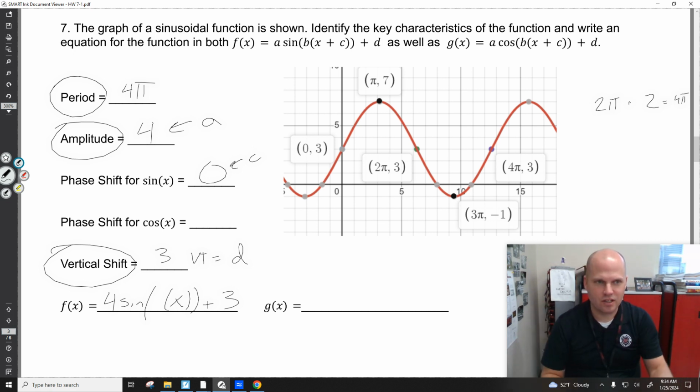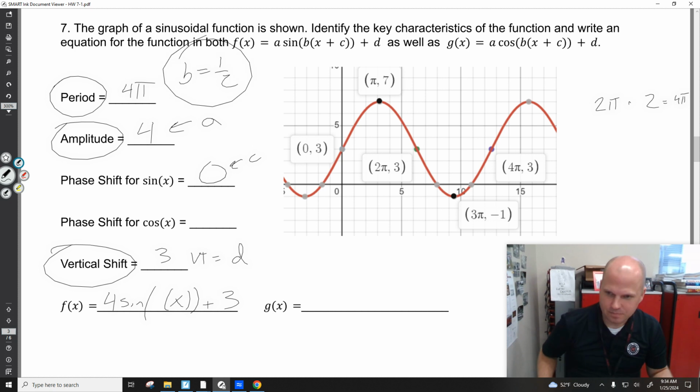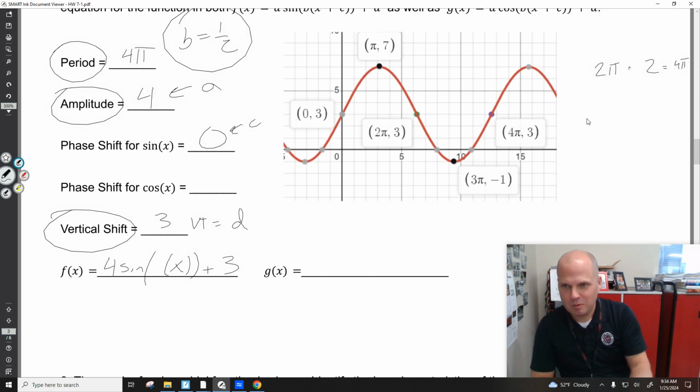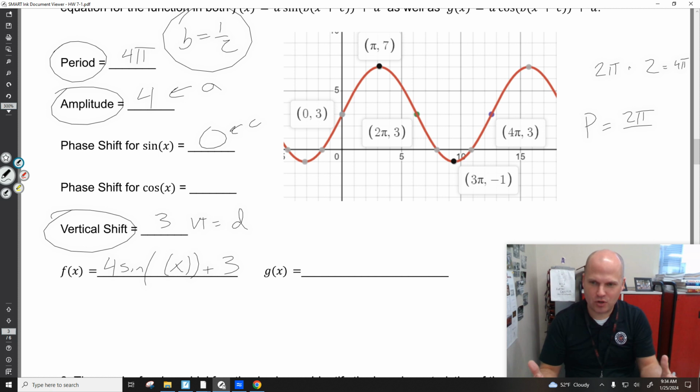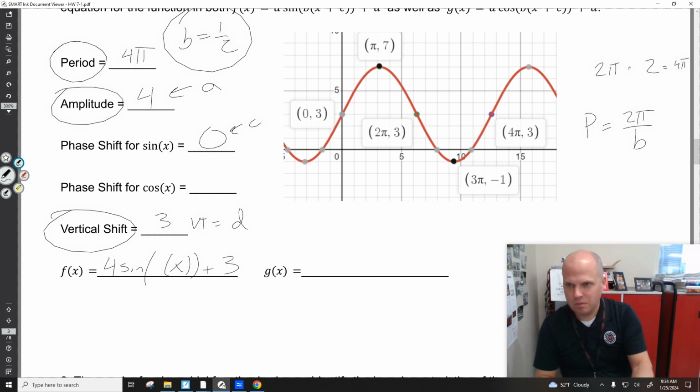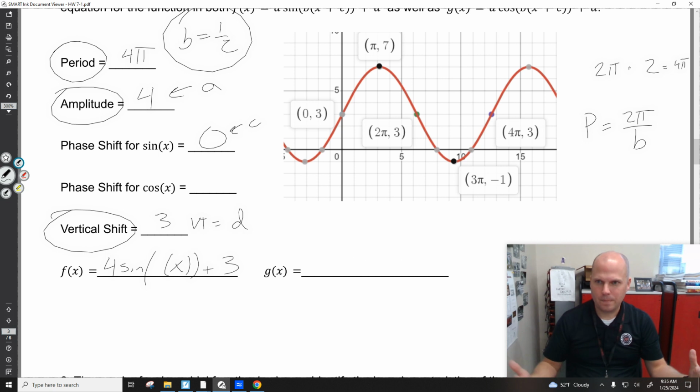In your equation, you need a half. Now, maybe that doesn't make sense, but here's what's going to be crucial. Period will equal 2 pi, not times your b value, but divided by, inversed. Boom. Cool.